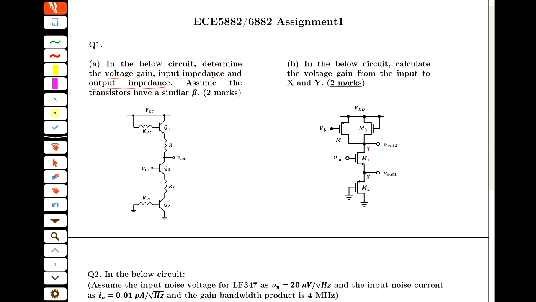As I said in the lecture, or as I said in exercise 1, we can replace these two transistors with their equivalent impedance.